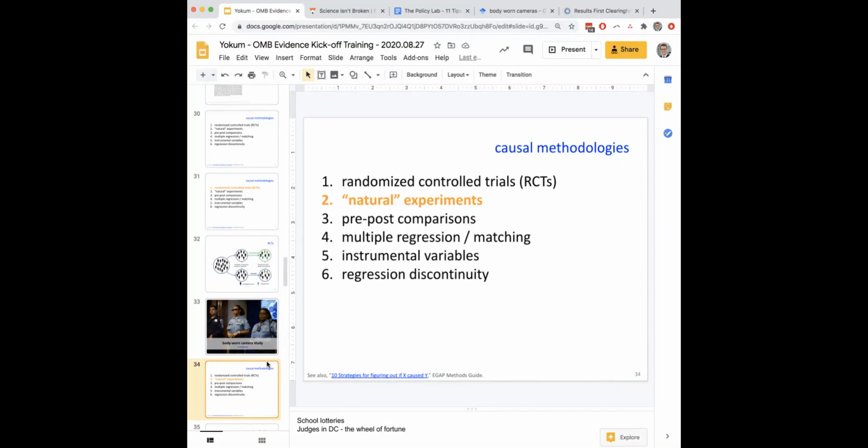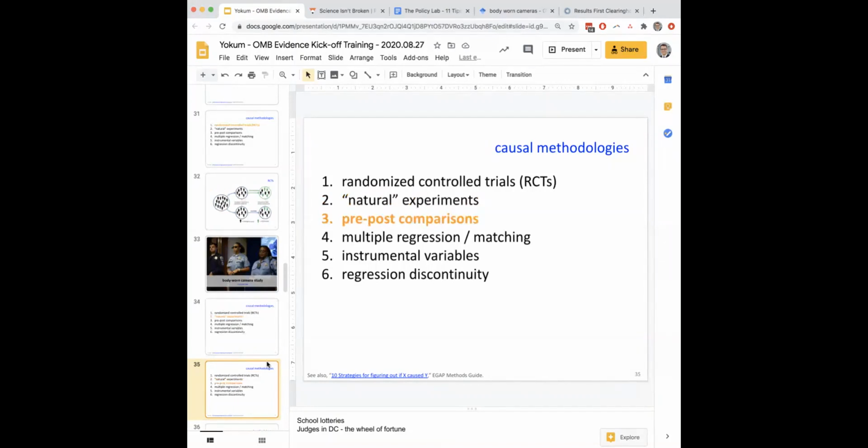For instance, there have been a lot of studies of public versus charter schools that have just relied on the fact that there are more students wanting to go into one or the other than can fit. It's a natural experiment because which school a student went into was random in the sense that a lottery ball was drawn.